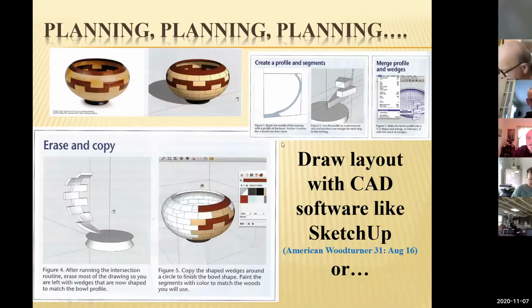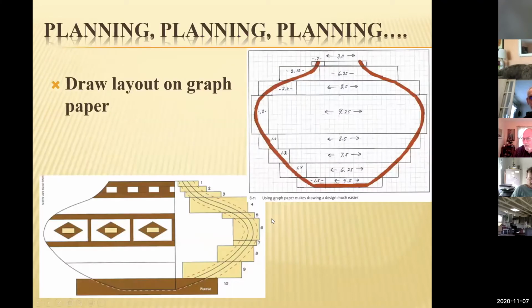Now there is software out there to help you design and plan your bowl or object. SketchUp is one that works. I've done software development during my life, and even though I like software, I prefer the old-fashioned plan.